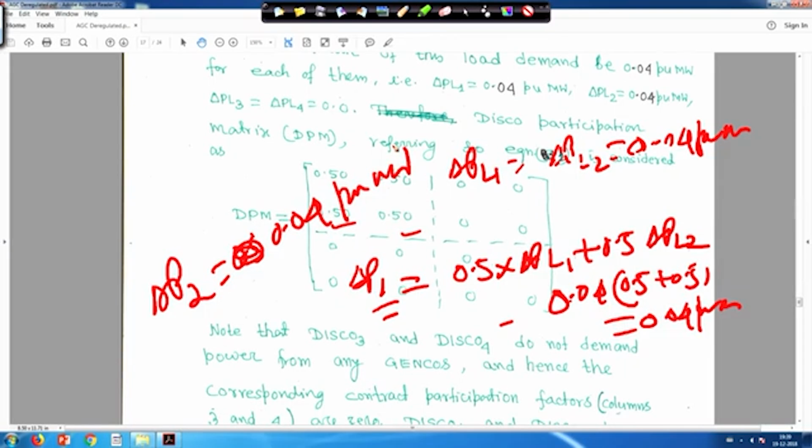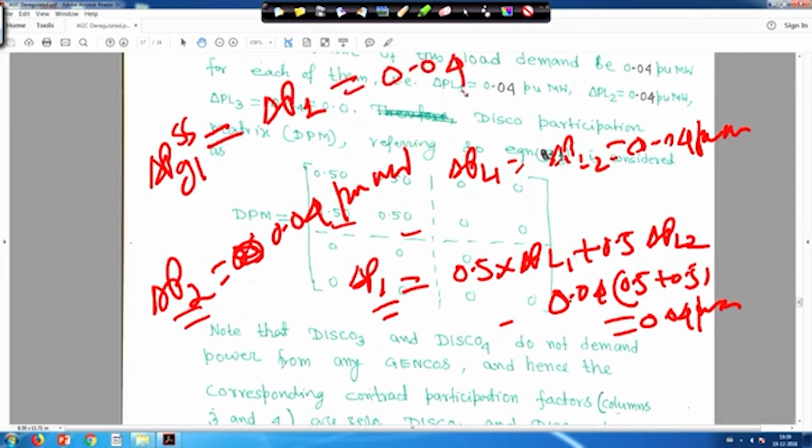So, that means at steady state, as this is the contracted power demand, that is 0.04, and this is also 0.04, generating unit 1, delta Pg1 at steady state, will generate delta P1, that is the total contracted power demand, and that has to be equal to 0.04.